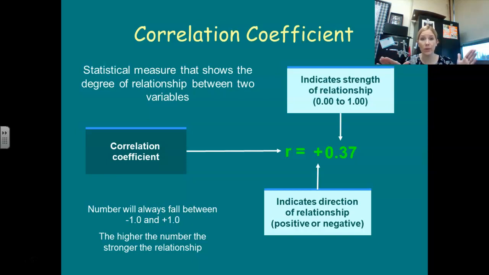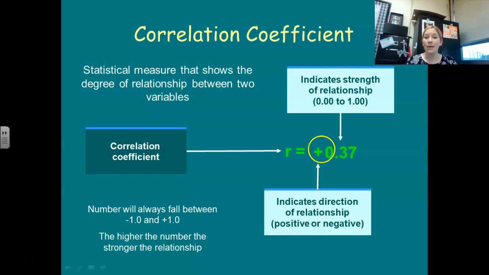It's incredibly weak. Okay? The direction of the relationship will be signaled either by a positive or a negative symbol in front of your correlational coefficient. So if it's a plus sign, that means that you have a positive correlation, meaning they're either going to increase or decrease with each other.